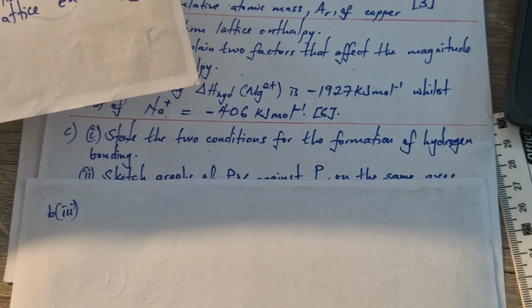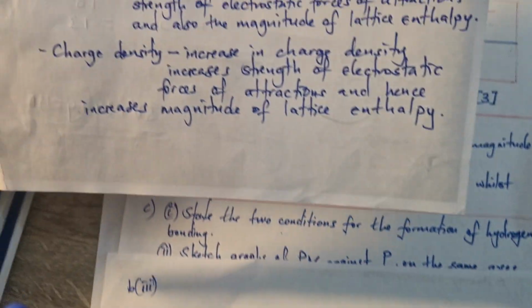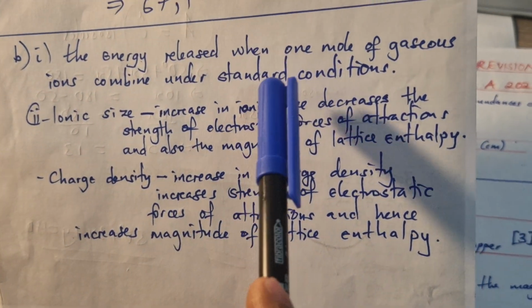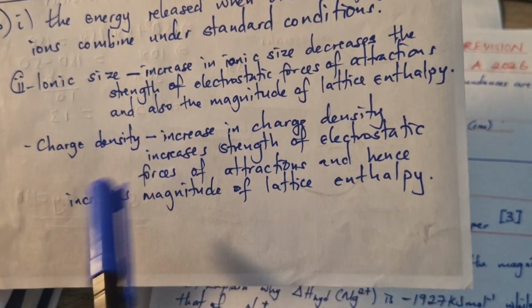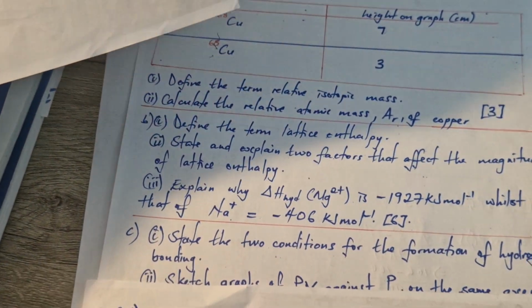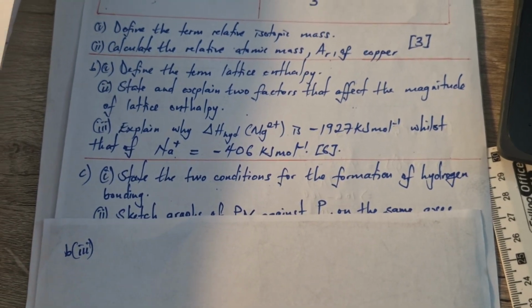As we saw earlier on part B, the factors that affect the magnitude of lattice enthalpy are ionic size and charge density. These factors also contribute to the hydration enthalpies because we deal with electrostatic forces of attraction.